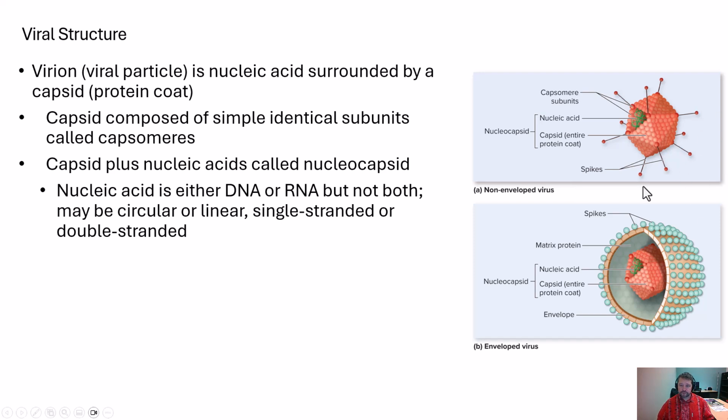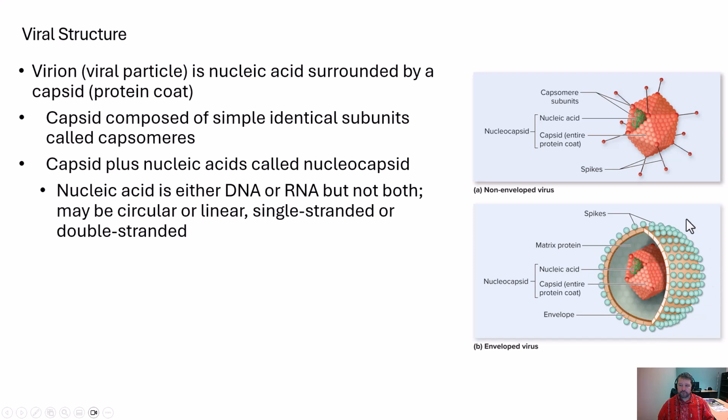Okay, so the non-enveloped will not have the fatty lipid-like layer around it, and instead it'll just be proteins with spikes, and then the nucleic acid will be hidden inside. If it's enveloped, then it's going to have some kind of fat-like envelope that goes around it.